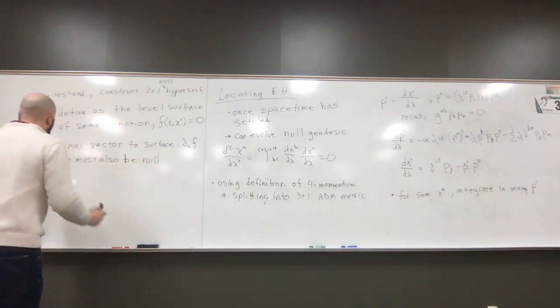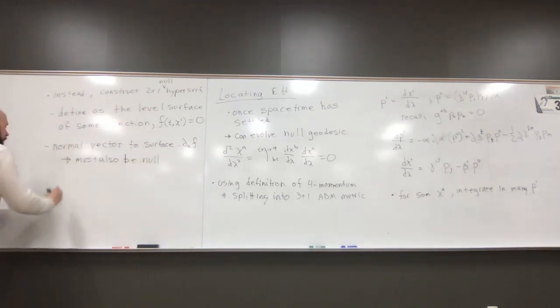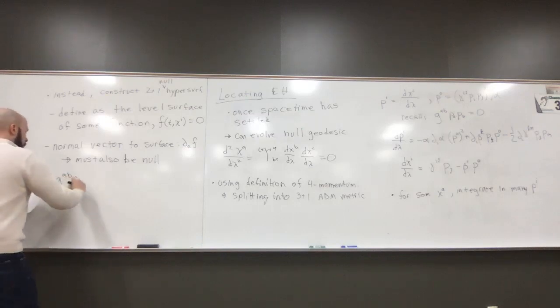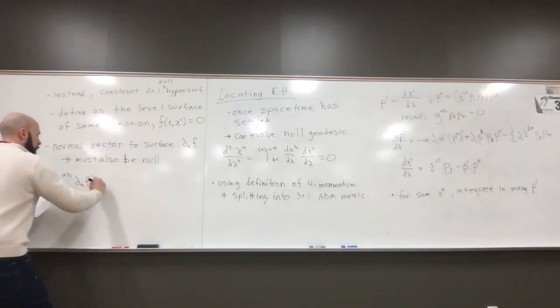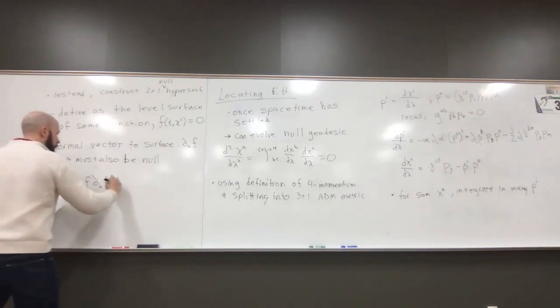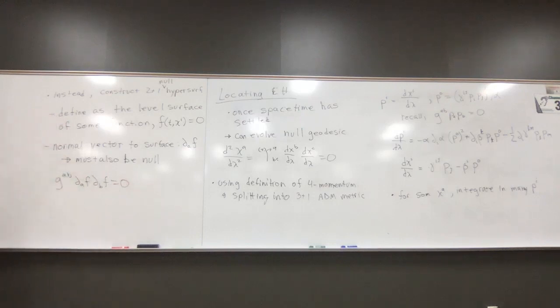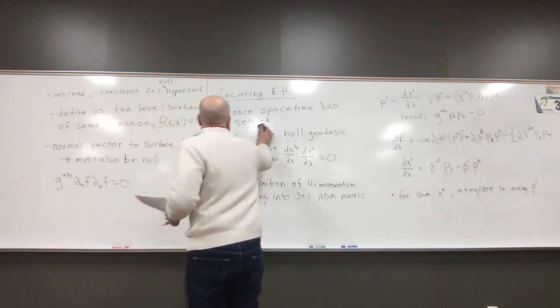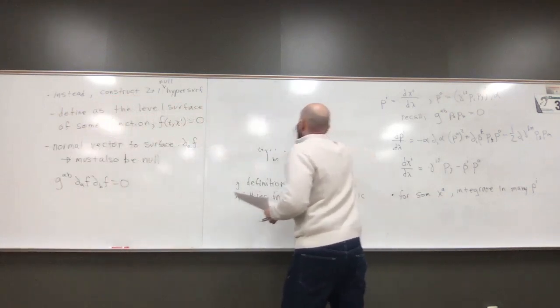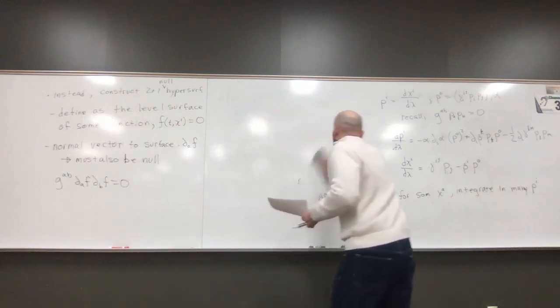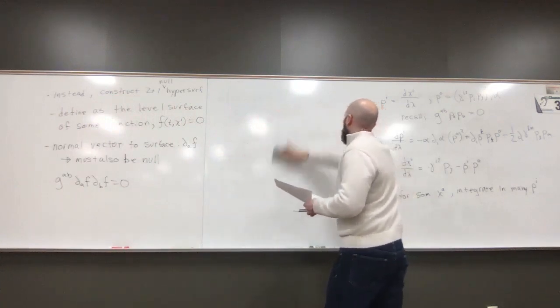Cool. And from the definition of the metric, g^{AB} times the partial a of f, partial b of f has got to be equal to 0, right? For it to also be null. Great.